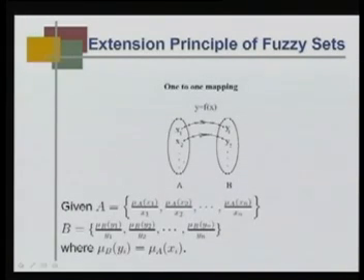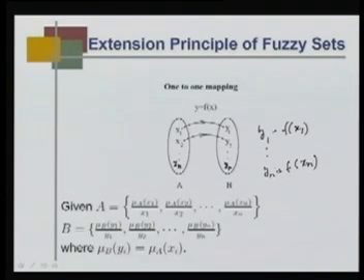There are n elements here, x1, x2 up to xn, and similarly y1, y2 up to yn. There is a 1-to-1 mapping from set A to set B, that is, y1 is f of x1 and so on until yn is f of xn.